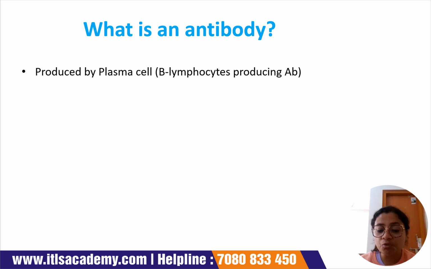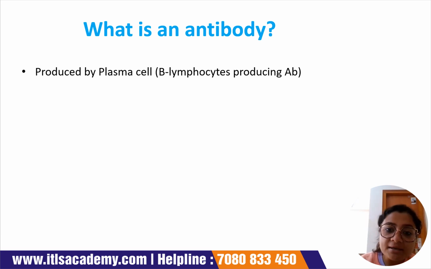Now what is an antibody? Antibody will be produced by our body, and by what? By the plasma cells, and these plasma cells are in turn produced by the B cells or B lymphocytes.